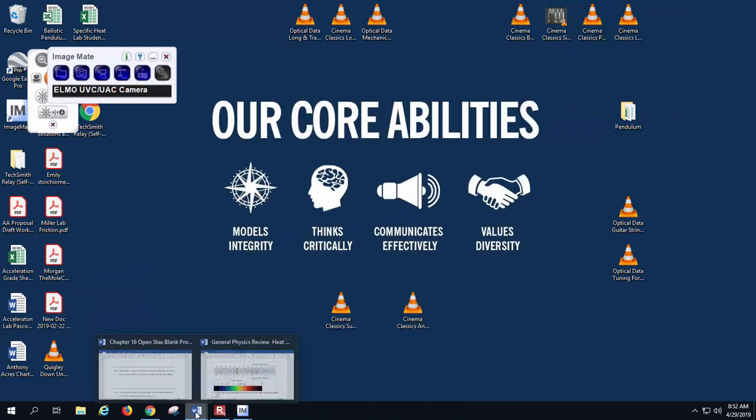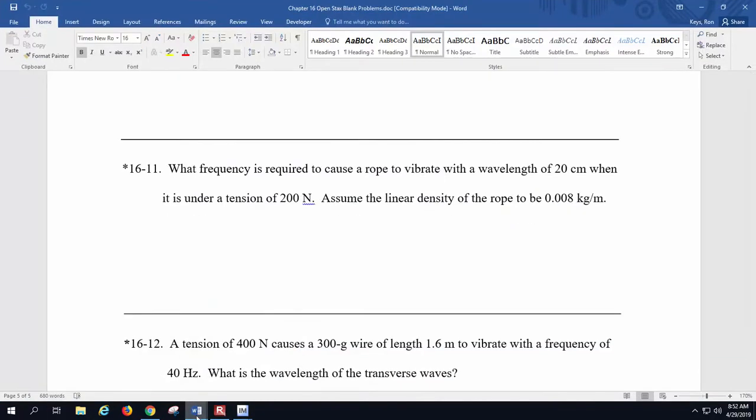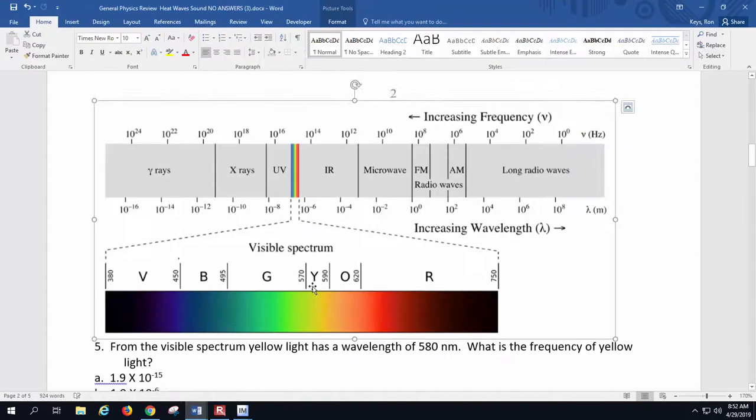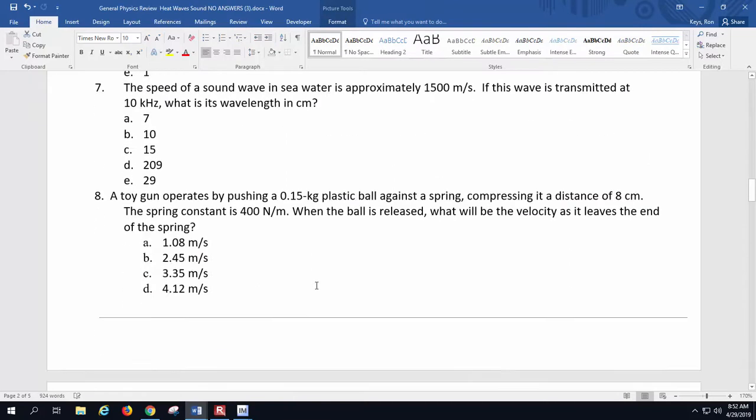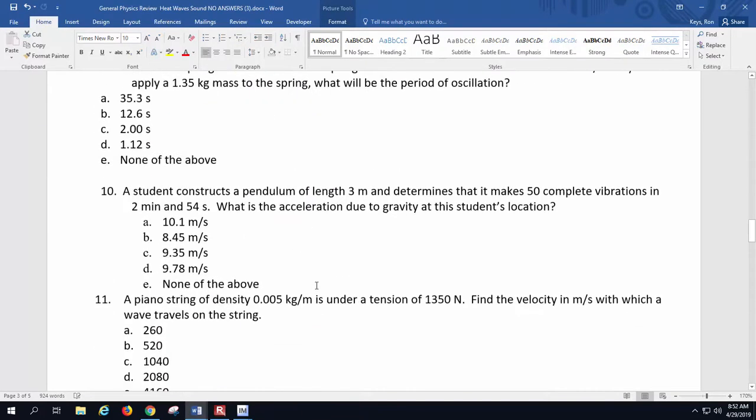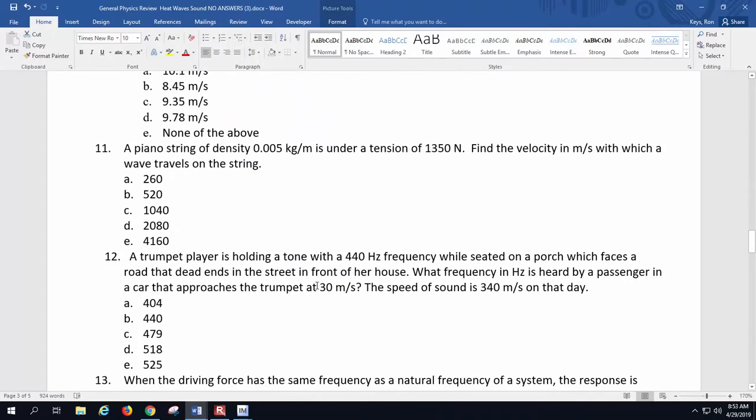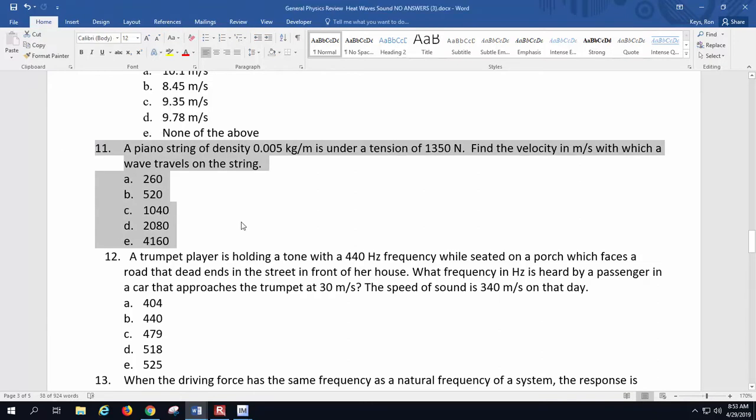And then on the quiz, let's see where we can get to on the quiz. Through 11. You can do the quiz through 11.